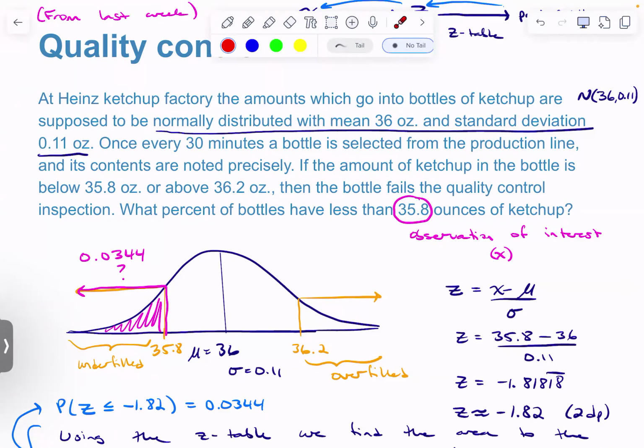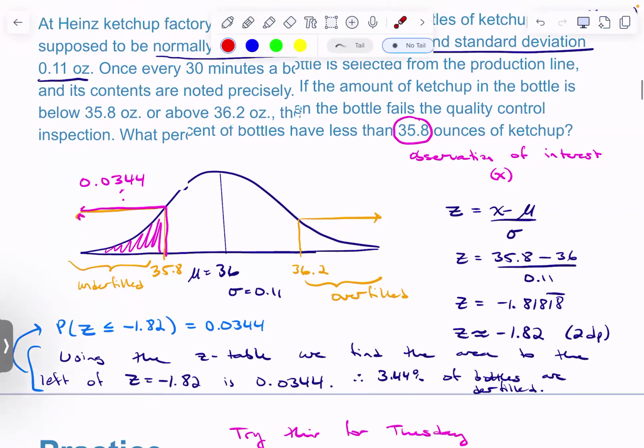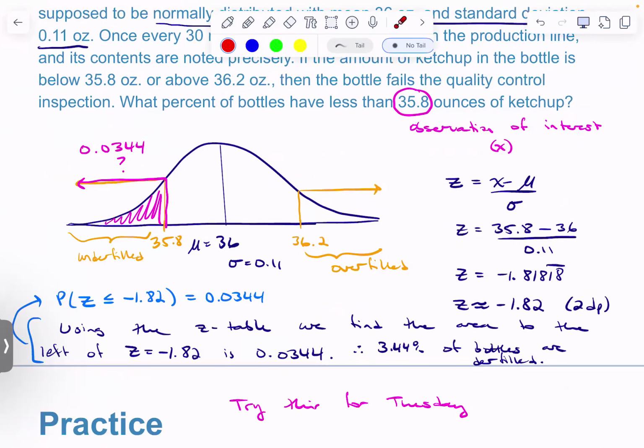And we figured out what percent of bottles have less than 35.8 ounces of ketchup. All right. And so what did we do? We said, okay, well, 35.8, that's my observation that I'm interested in finding a percentage with. Percentage is a probability, is an area under the curve.